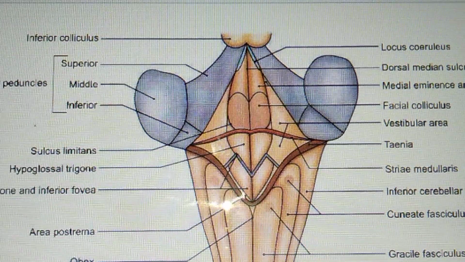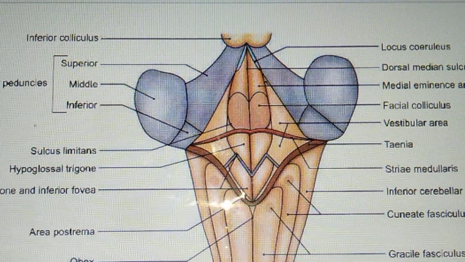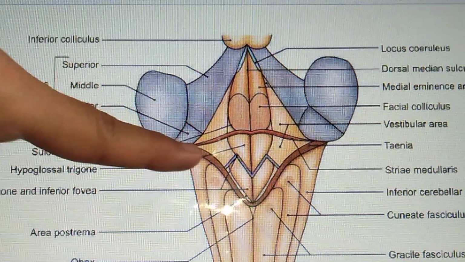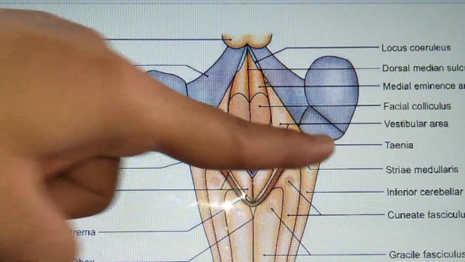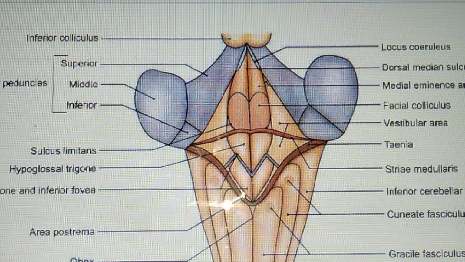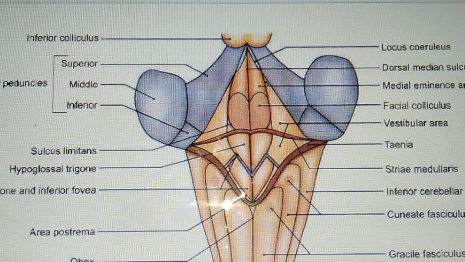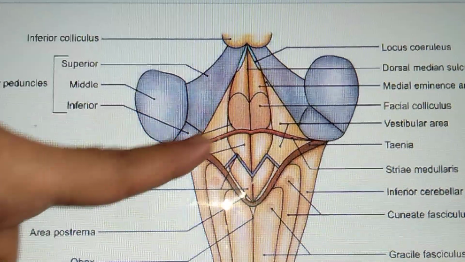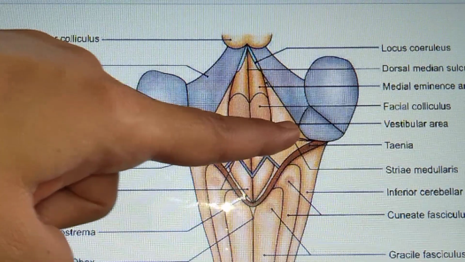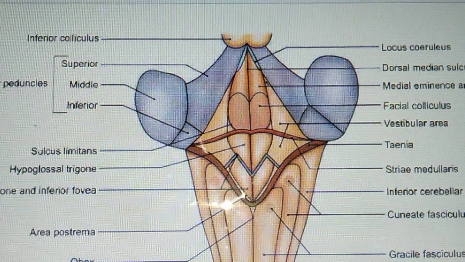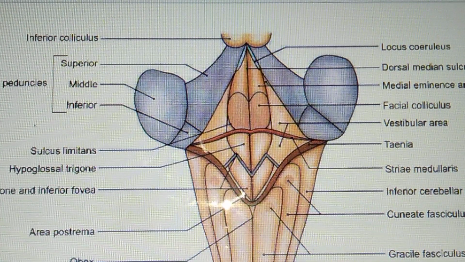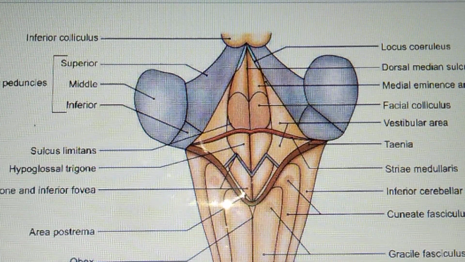The intermediate part is prolonged laterally over the inferior cerebellar peduncle as the floor of the lateral recess. This part is marked by transversely running fibers, the fibers of the stria medullaris, which represent fibers from the arcuate nucleus to the opposite cerebellum.